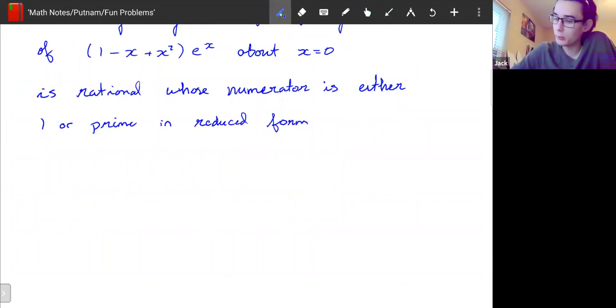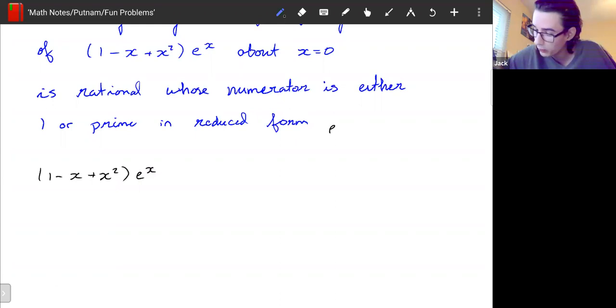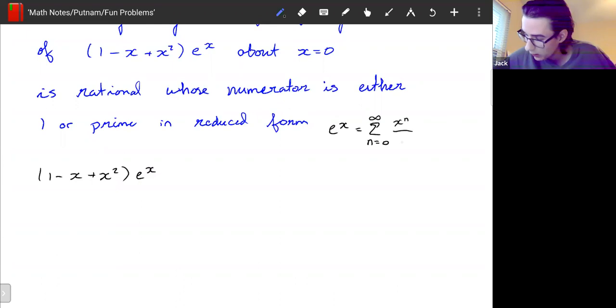So let's start off by just looking at what the Taylor series actually is. So 1 minus x plus x squared times e to the x. And if you recall back from calculus, the Taylor series of e to the x is just the sum from n equals 0 to infinity of x to the power of n over n factorial, right?